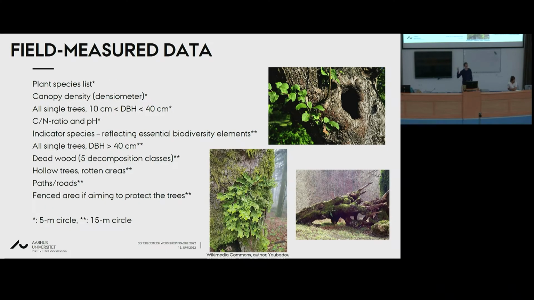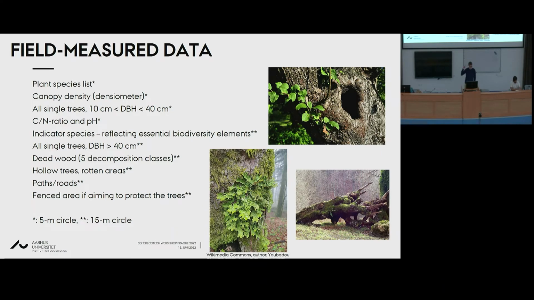Within each of the plots that I just showed you, we have a plant species list. We measure canopy density with a densitometer, and single trees between 10 and 40, and in a larger circle, also above 40. It really resembles the Swiss approach that Daniel presented this morning.